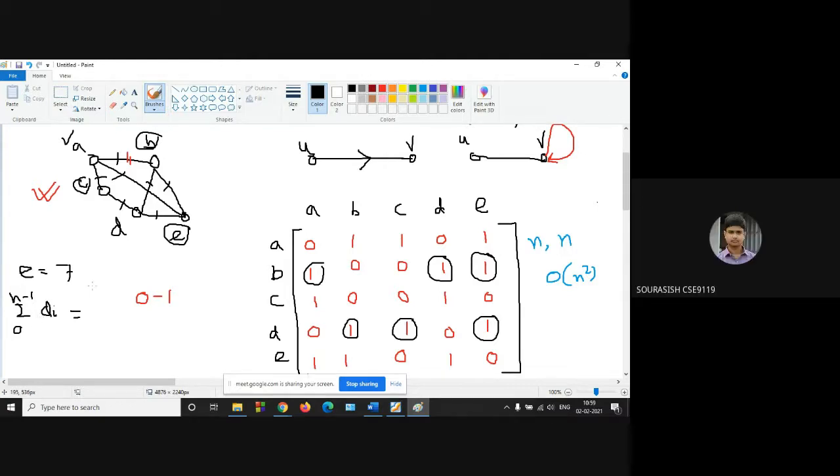Is it 14? Yes, sir. For vertex A, the degree is 3, right?